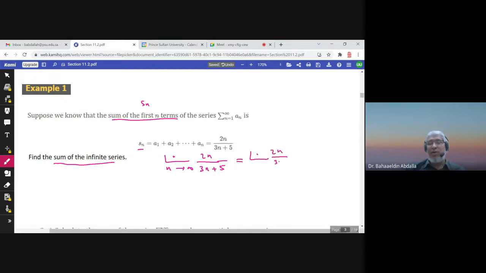Term with highest power, n over n. So the limit is 2 over 3. So what is the sum? The sum of this series from 1 to infinity is equal to 2 over 3. So if we have Sn, we can find its limit and we can determine whether the series is convergent or divergent. And if Sn converges, then we found the sum of the series.